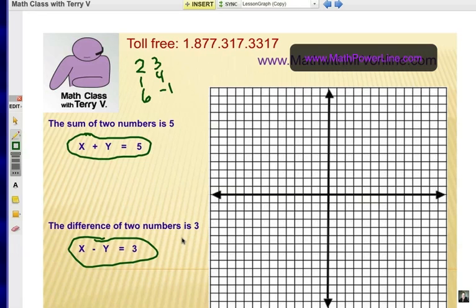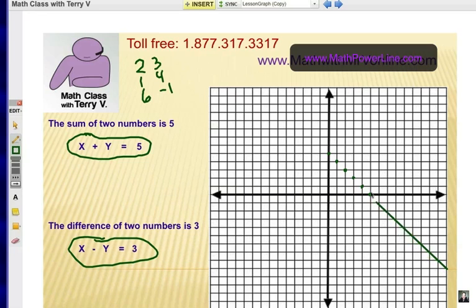Well, let's go ahead and do our job here with graphing. This is a simple example again, but if I graph all the pairs of numbers that add up to 5, I can say 1 and 4, 2 and 3, 3 and 2, 4 and 1, 5 and 0, 0 and 5, and so on.